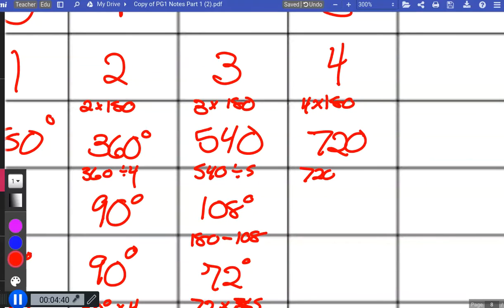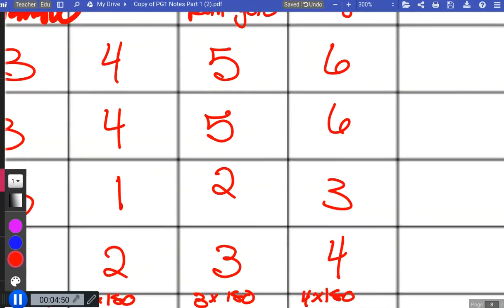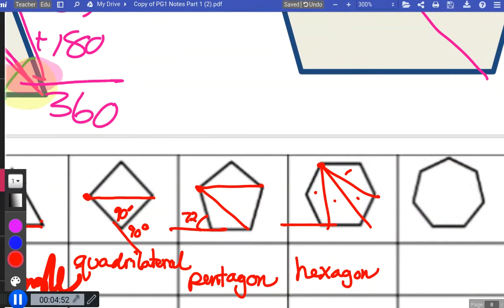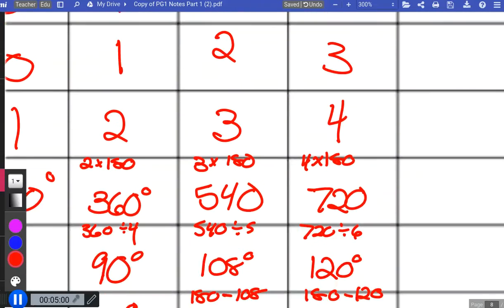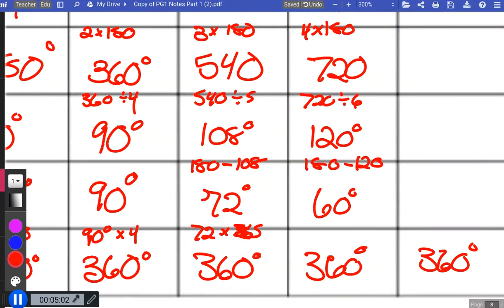Split that, and you get 120 degrees. Find the supplement of that for our exterior angle, 60 degrees. So right here, this is going to be 60. Inside is 120. And then we have 60 times 6, which is going to equal 360.